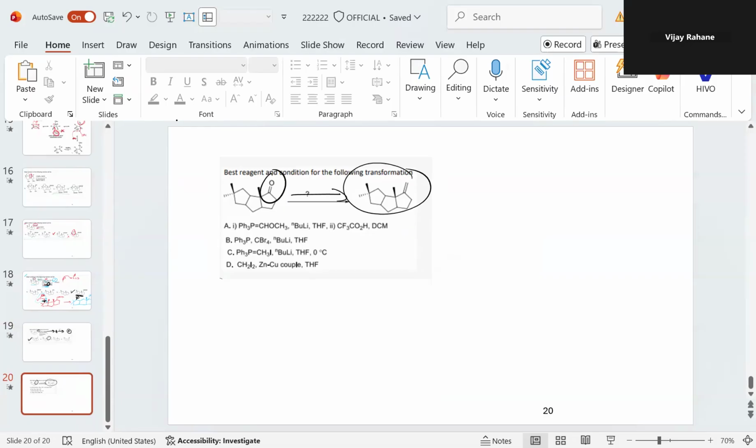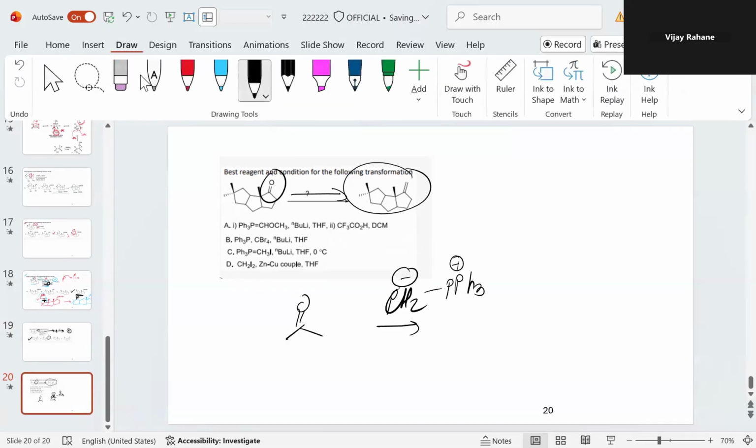I think we have covered the Wittig reaction once. So if you treat it with CH2 negative, PPh3 positive. Sorry, not this one. I will just write it in the form of the positive and the iodide negative. So this Wittig salt, basically, this is the one.